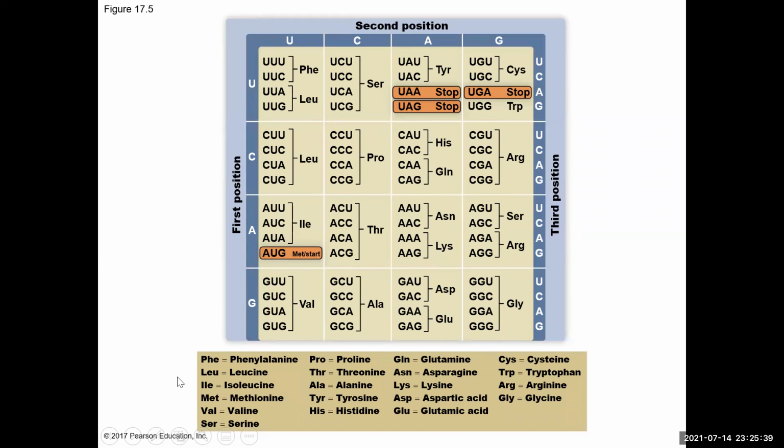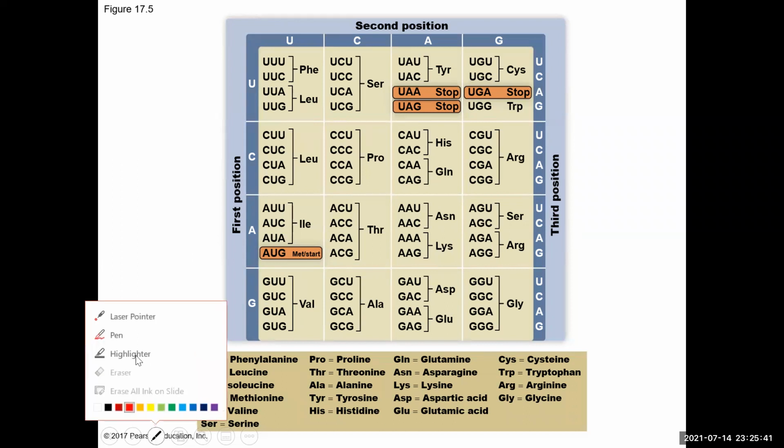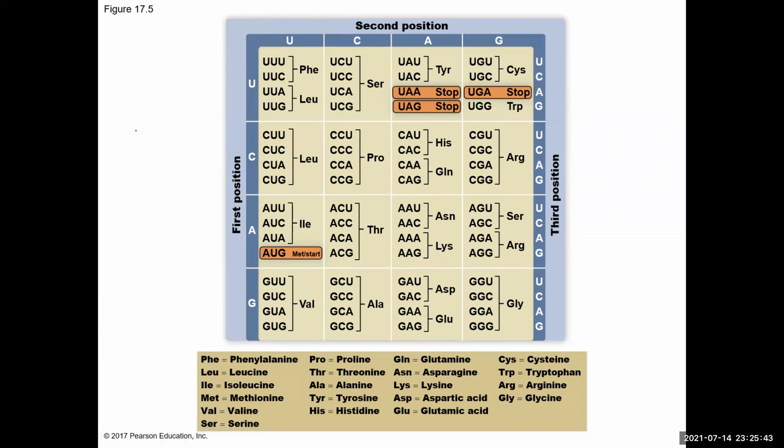So let's say we have a codon that is CAU. What we would do is go to the left side first and find the first base, C. Then we would go to the top and find the second base, which is an A. Then we find where those intersect, so this box.